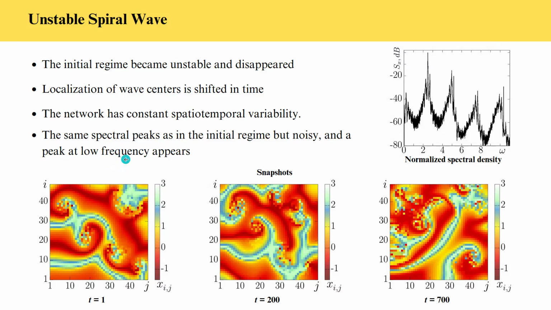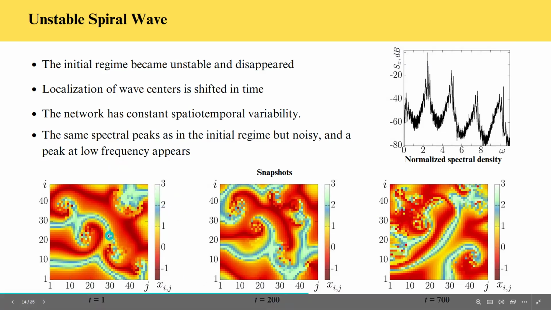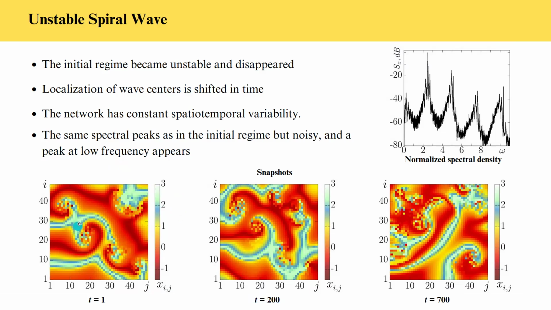The wave centers shift over time, leading to constant variability in the network. As you can see in the snapshots of the regime at various instances, spiral waves and spiral wave chimeras are forming, being destroyed, and forming again.